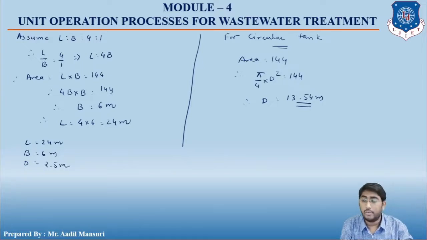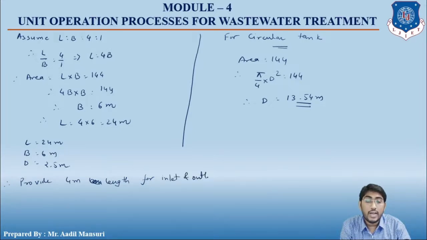Clear? Now coming back to the rectangular tank, one more thing that we need to provide is additional length for inlet and outlet, right? Therefore provide 4 meter length for inlet and outlet, right?